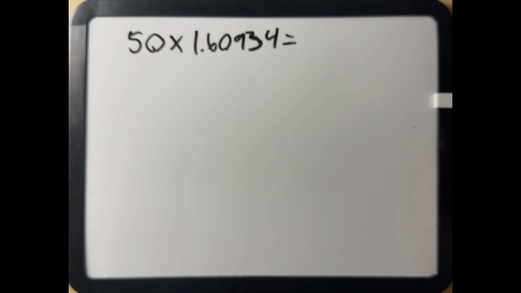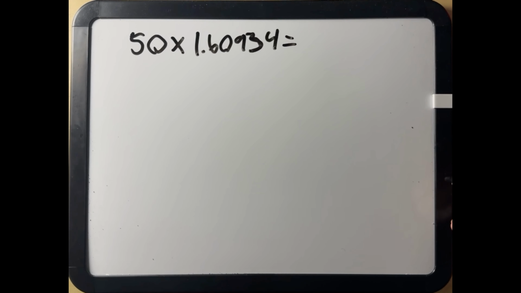Equals. And if you know this in your head, then you can just solve it for the ASVAB as quickly as possible. Now, if you don't know this in your head, you'll have to do manual long multiplication. And here's how you can do that.